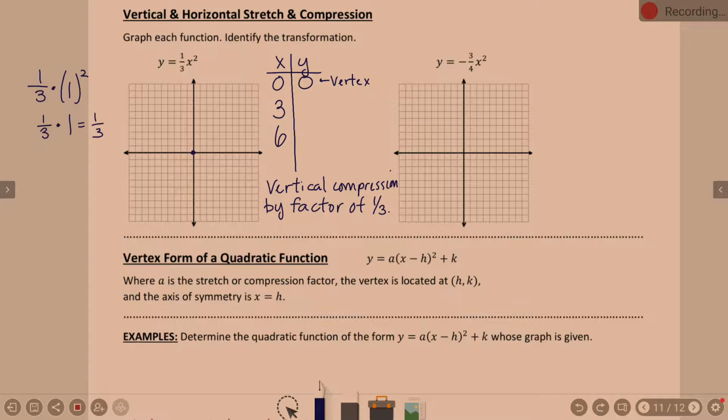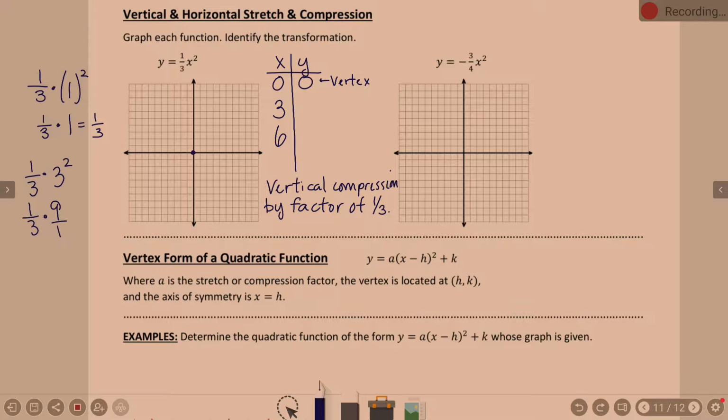Okay, so I'm going to do a little bit of scratch work off to the side here for those that might need it. 1/3 times 3 squared. What is 3 squared? 9. So then we're doing 1/3 of 9. Some of you can use the logic, and 1/3 of 9 is 3.